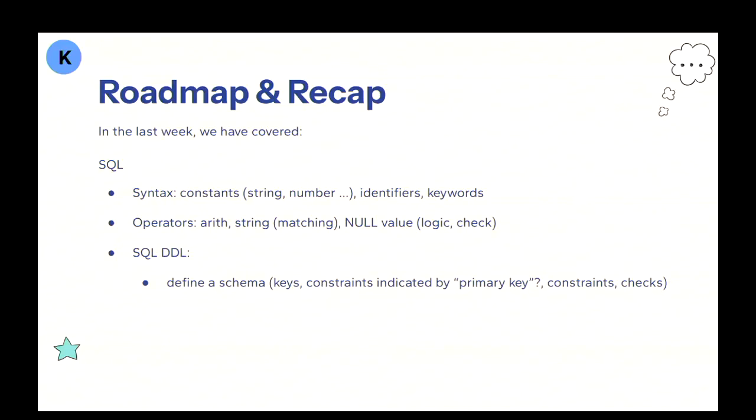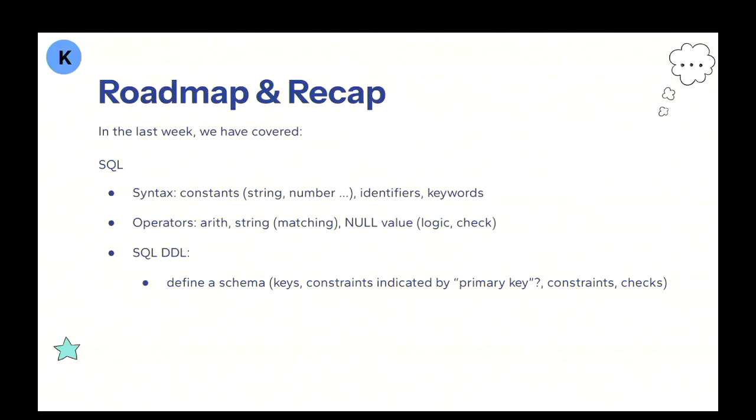First we have covered how to define a schema. A schema is like a table header, which consists of the name of the table, the attributes contained in the table, and the domains or constraints of the table. The tricky thing here is how we deal with primary keys and foreign keys.